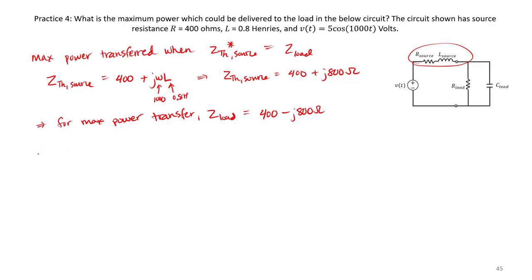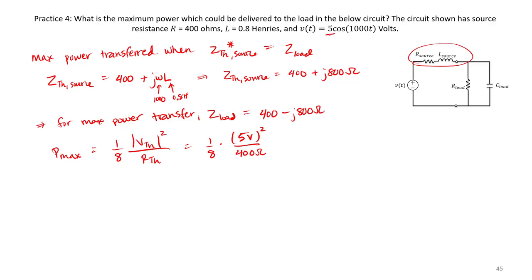If this condition is satisfied, then we can find P max using our second equation. In this case, the maximum average power that we'd be able to transfer will be 1/8 times 5 volts squared divided by 400 ohms.